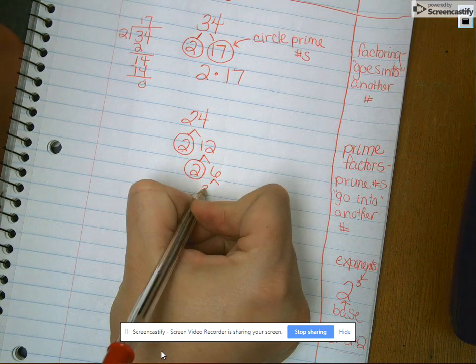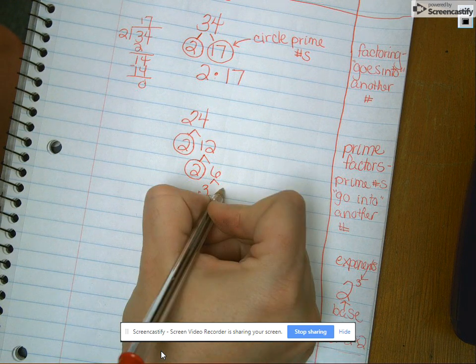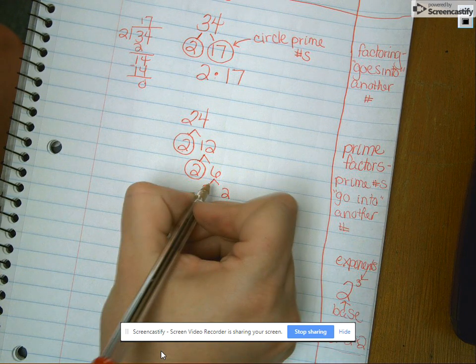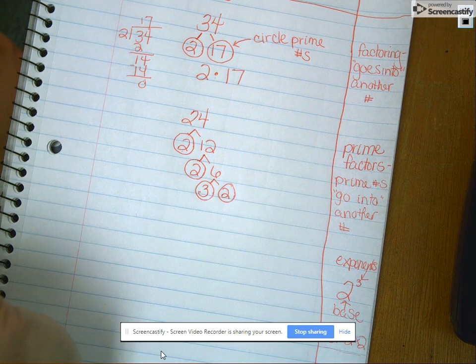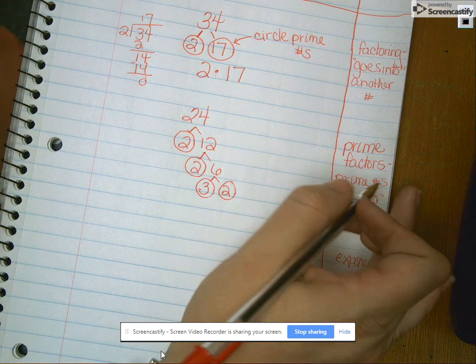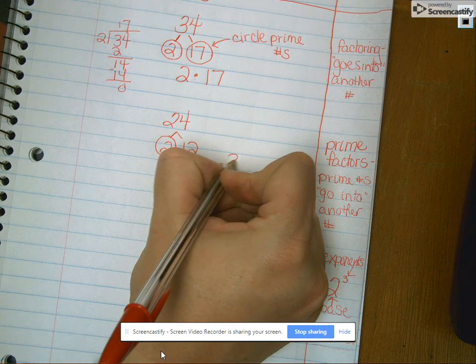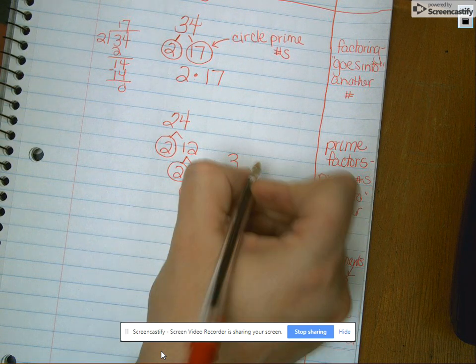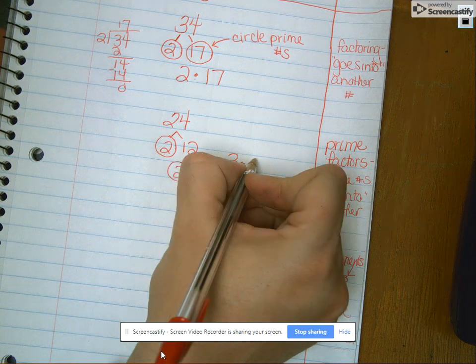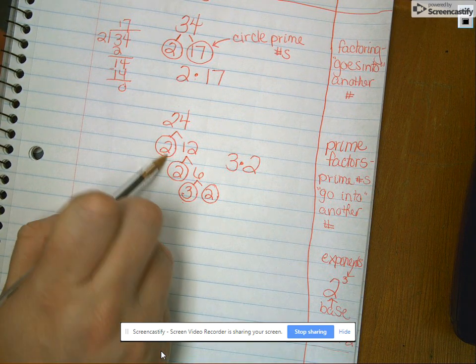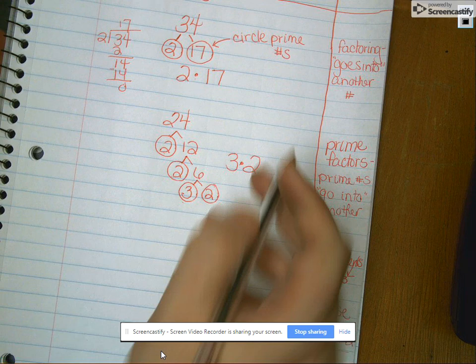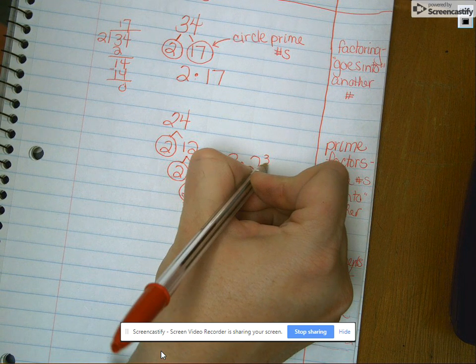So I put a 3 on one side and a 2 on the other. 3 and 2 are both prime. So my answer for the factors of 24: I have 3 right here times 2. How many 2's do I have? I have 1, 2, 3 2's. So that would be 2 to the third.